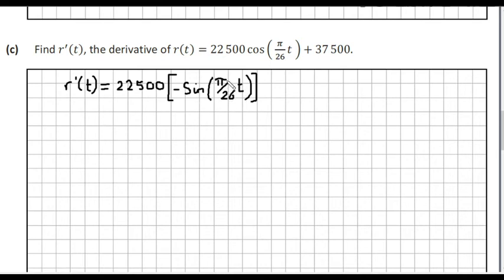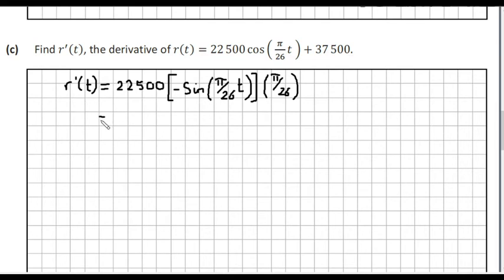of that. Okay, now if that was 3t, if I differentiate 3t, I get 3. Differentiate 4t, I get 4. Differentiate pi over 26t, I get pi over 26. So that's that term, differentiated, and I will tidy it up now in a second. And then differentiating this constant, that's just going to go to 0.